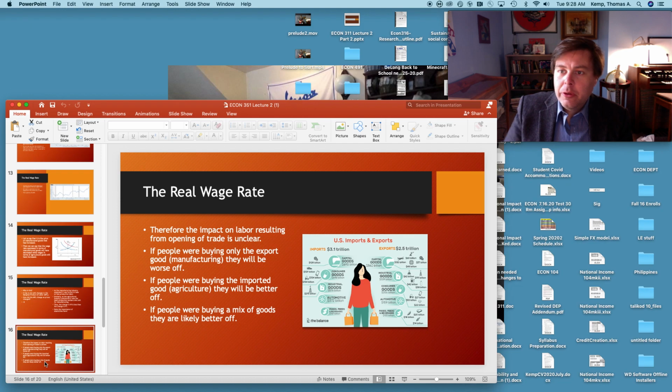Okay, so the result on labor here is unclear. It's unclear whether labor receives a net benefit or a net loss, but it's much more likely that there's a net benefit. Really, the only way you end up with a net loss is if labor only, or pretty close to only, wants to consume the export good in this case, which is manufacturing.